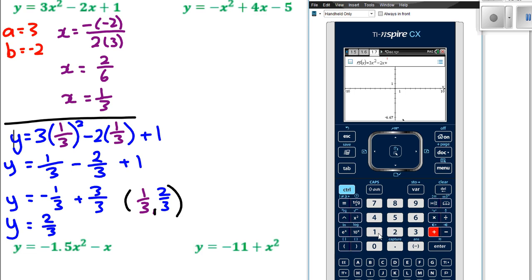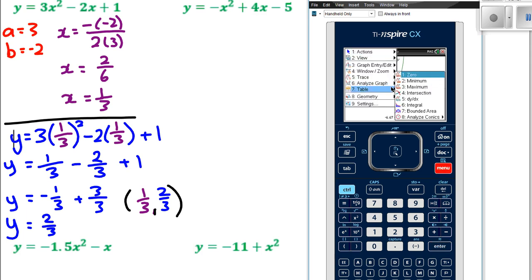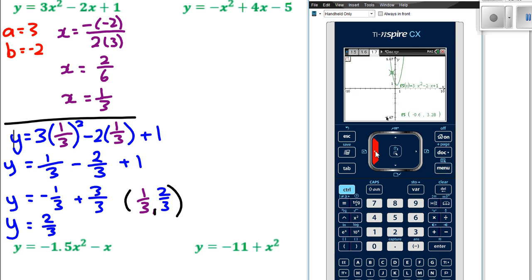Enter, and we can go menu, analyze graph, and do, it's a minimum in this case because it's the bottom, or we can try trace and graph trace. Sorry, a bit left to begin with. That's a y-intercept, that's not it. Minimum, okay, it did come up. Minimum, it's confirmed for us, it's 1/3, and that's 2/3. So we've got it right. Hooray.